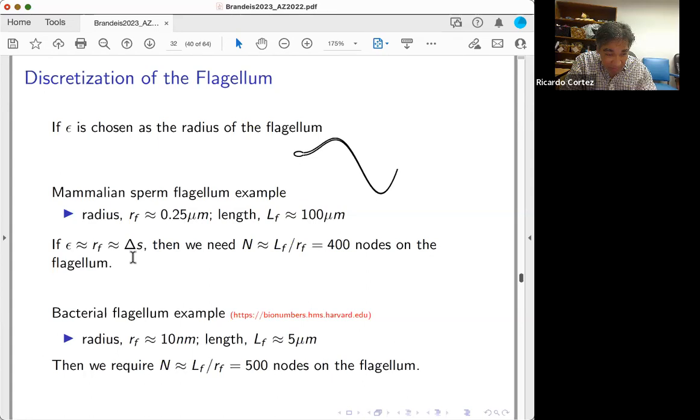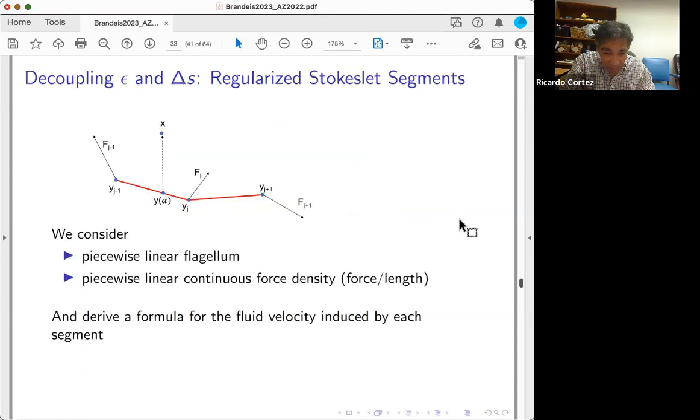And if I need to make my discretization of the flagellum about the same as epsilon, then that's going to lead me to have to use 400 points or maybe 500 points along my flagellum just to be able to use epsilon this small. And this is overkill, right? This doesn't require that many points. So I'm going to skip ahead a little bit, but what we did more recently is called the regularized Stokeslet segments.